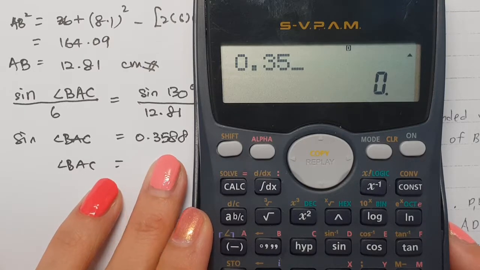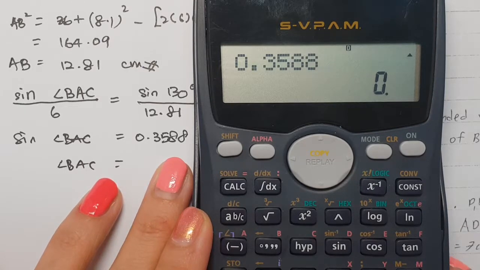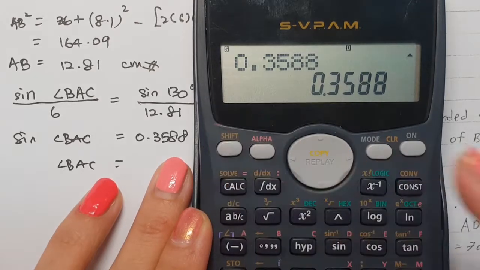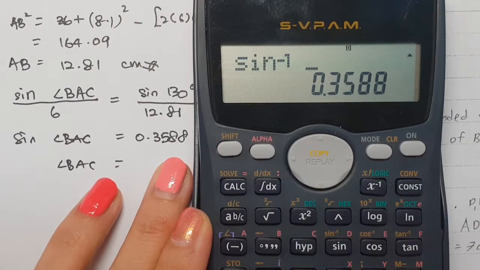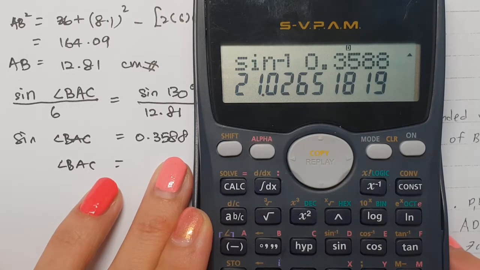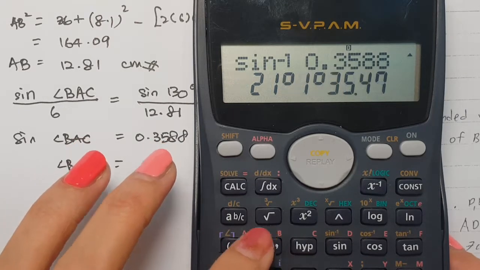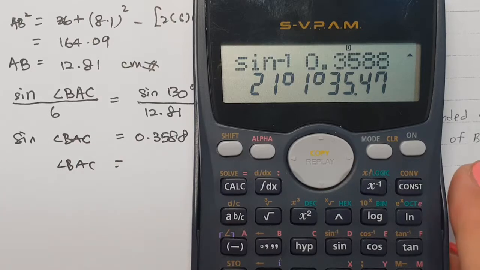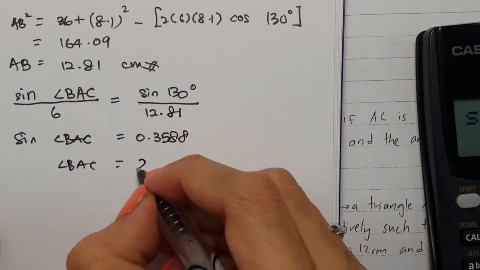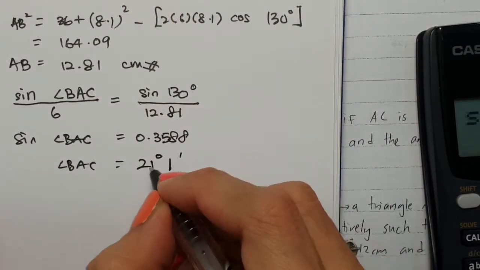So we arcsine the 0.3588, and we will have 21.02 degrees, or 21 degrees 1 minute. Okay, 21 degrees 1 minute.